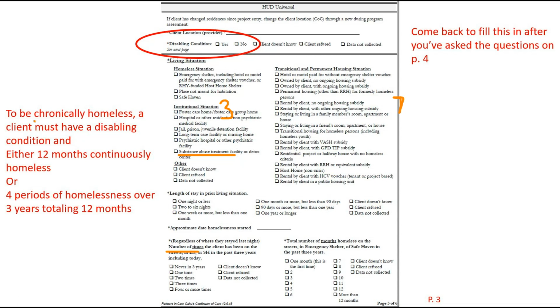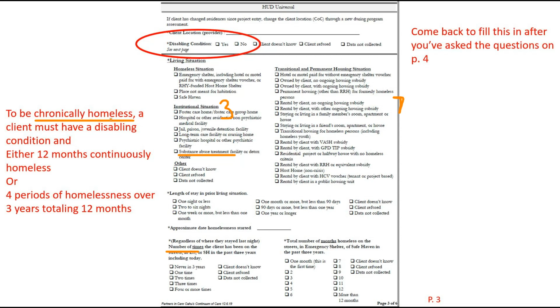It helps determine whether somebody is chronically homeless, and if somebody is considered chronically homeless, they're eligible for more supportive housing placements, and they're prioritized higher on our by name list, which is the report that helps CES determine housing referrals. So chronic homelessness is a huge concept to understand.